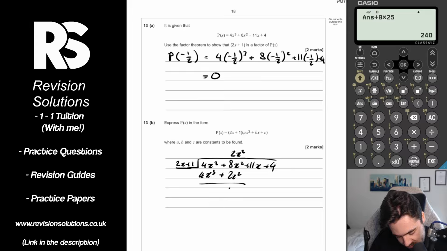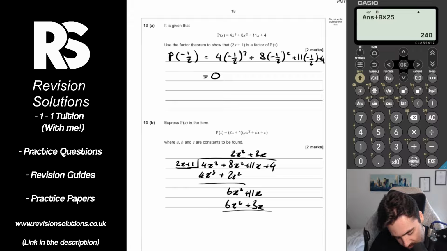Subtracting off, we'll get 6x squared, and we'll just bring this 11x down. Then we repeat that process, so 6x squared divided by the 2x gives us a plus 3x, and multiplying this through we get the 6x squared back again, and a plus 3x.